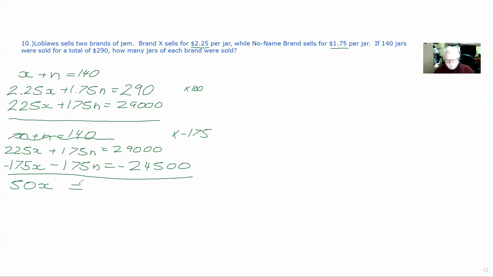So 29,000 minus 24,500 gives us 4,500. So X equals 4,500 divided by 50, which gives us 90, I hope. 4,500 divided by 50 does give us 90.